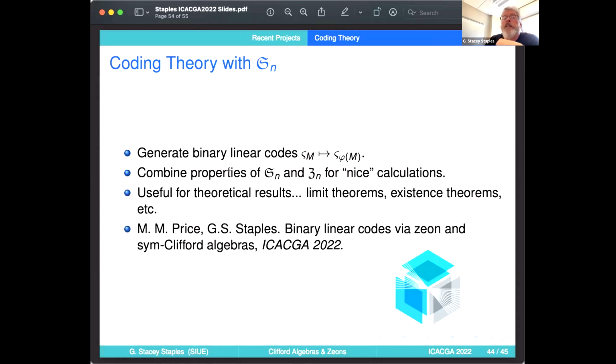We can form an element and generate an entire code from it by just considering products of elements or powers of generators, which you wouldn't probably do in practicality for coding theory, because ones and zeros are pretty efficient. But we have some new tools for establishing things like limit theorems and existence theorems. That's something that I'll be talking about tomorrow.